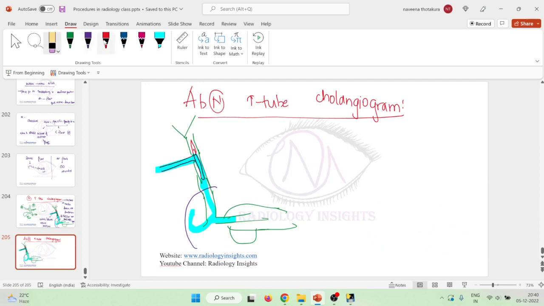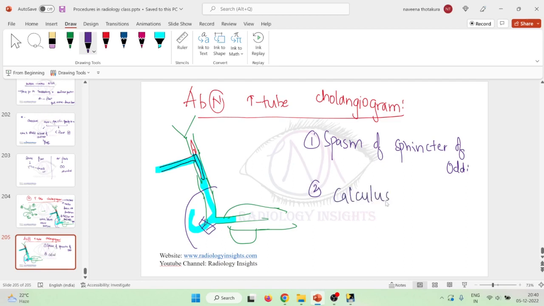But for example, first, if there is spasm of the sphincter of Oddi, here you will have the sphincter of Oddi. Or second, if there is some calculus or tumor causing obstruction.